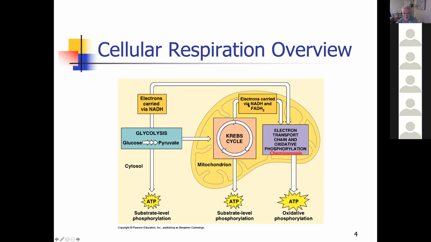Electrons carried via these electron carriers provides them for the electron transport chain. We get other electrons from glycolysis, and because there are so many of these, a lot of ATP is produced. So that's the overview.